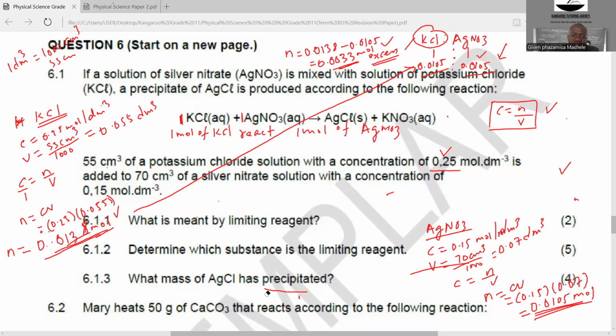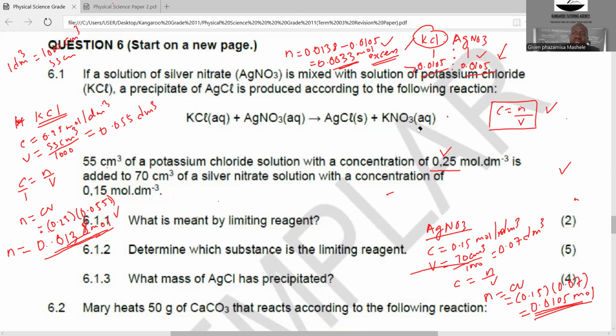Since we know that silver nitrate has reacted completely, it is the one we'll have to use to compare with silver chloride, because silver nitrate is used up completely to produce silver chloride. So from our calculation, we can compare silver nitrate with silver chloride. Why? Because silver nitrate is used up completely.